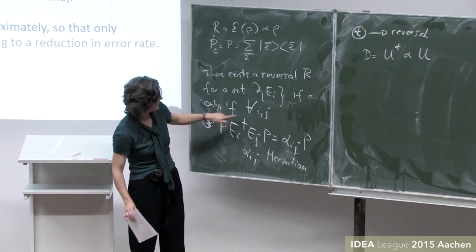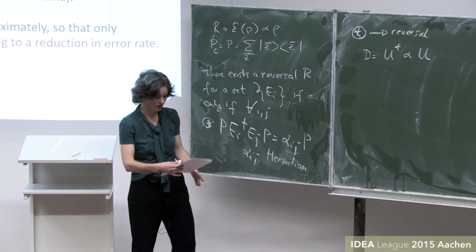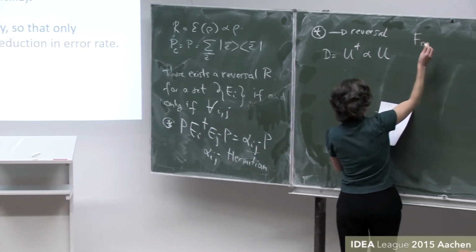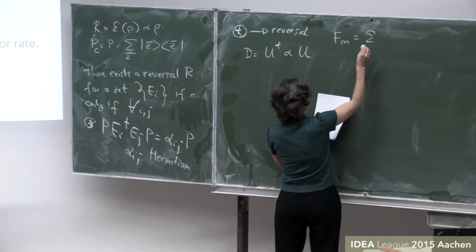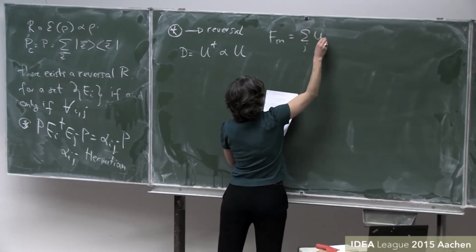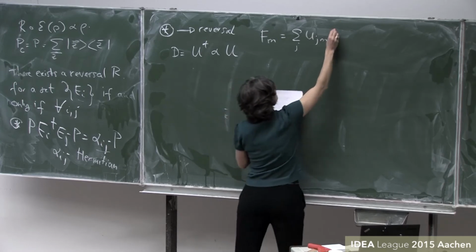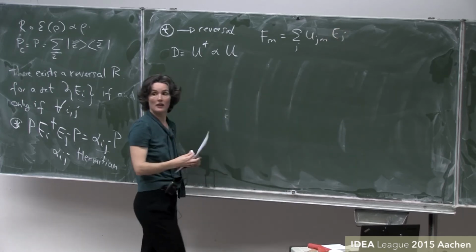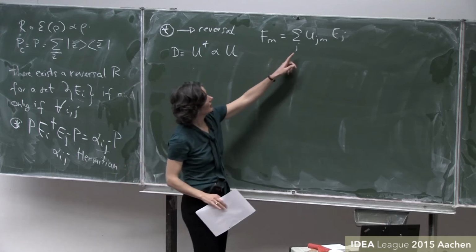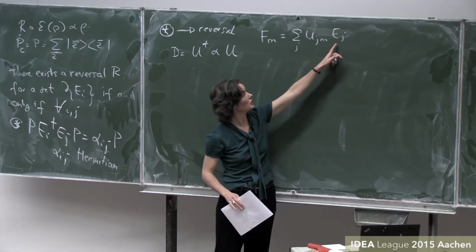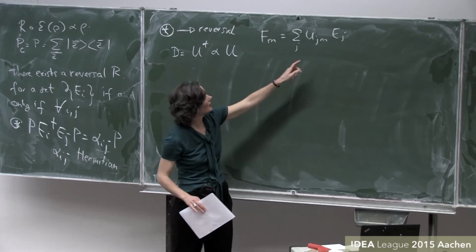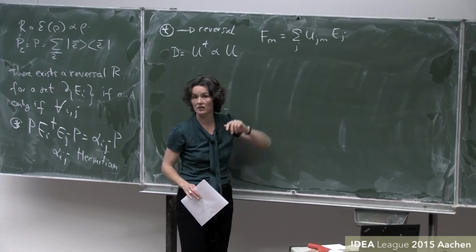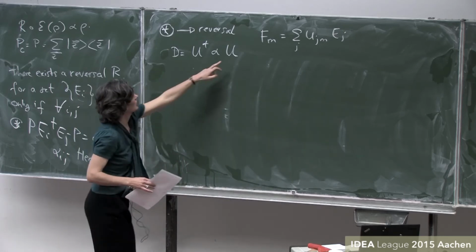And I can absorb this in linear combinations of these E's. I don't want to go through every step, but maybe you can verify this at home or in the Nielsen and Chuang book. So F_m is a linear combination of these E_j, but it's a linear combination such that these U_jm form a unitary matrix.